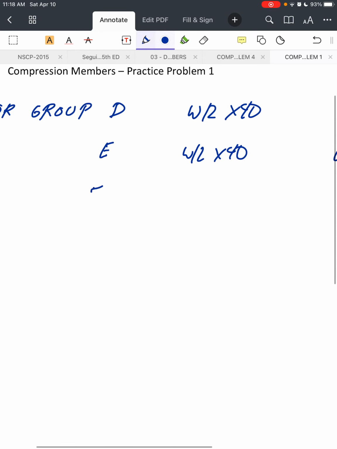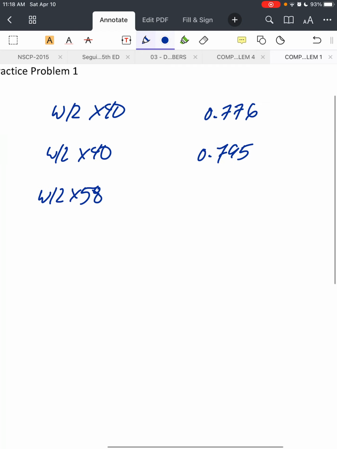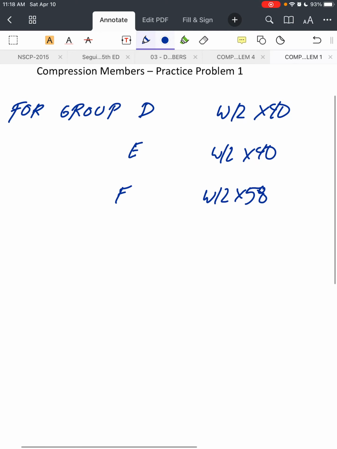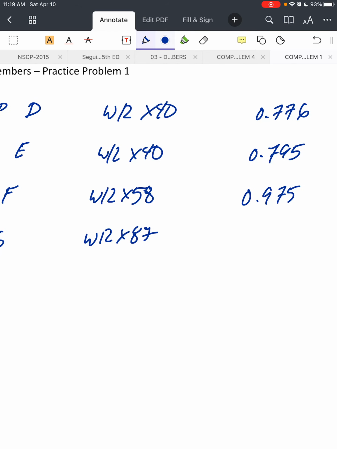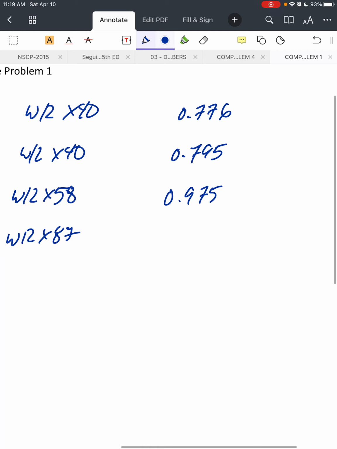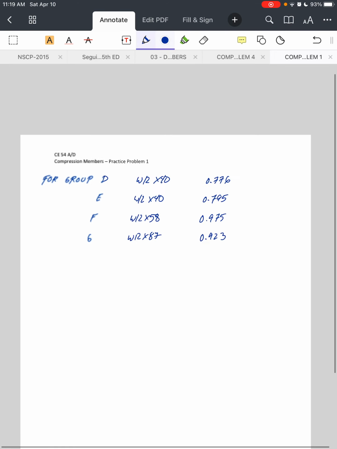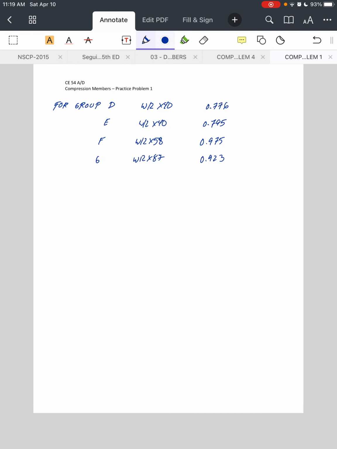For group F, we use W12x58, and we have our DC equal to 0.975. Then lastly, for group G, we use W12x87, and DC for that is 0.923. Alright? So, meron na tayong design for groups D, E, F, and G.